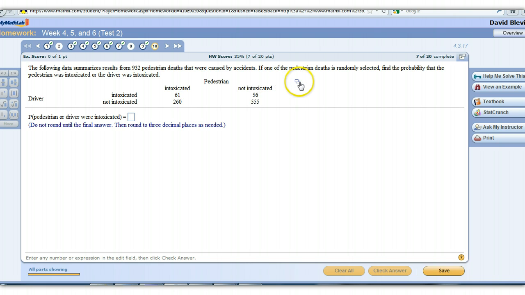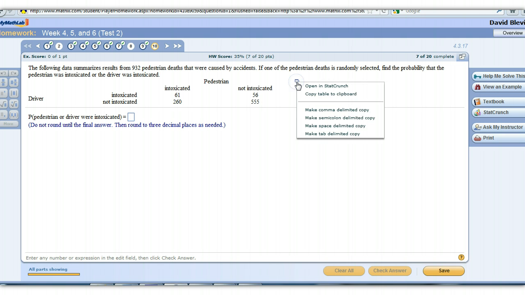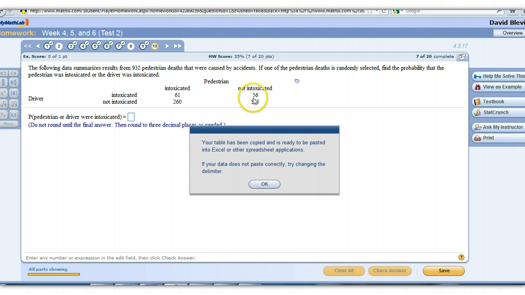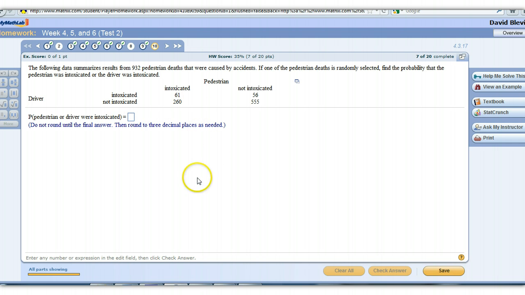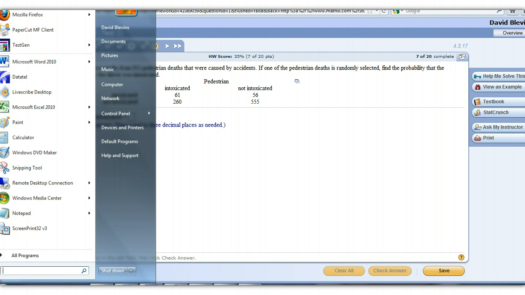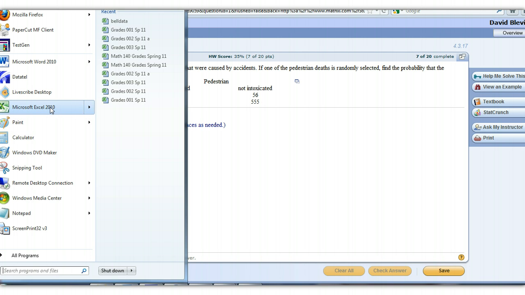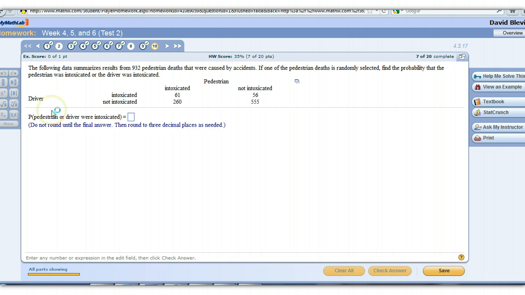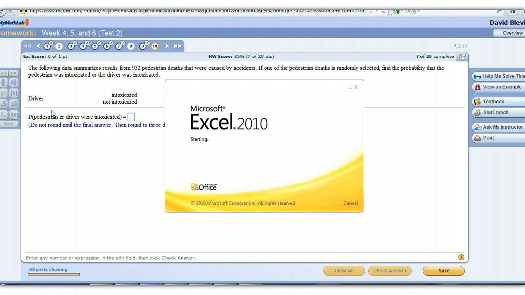Now remember, if it's got this little thing right here, we can take the table into Excel, which I'm going to do because we need some totals, because they're not giving us any totals. So I'm going to open up Excel and paste this into Excel.